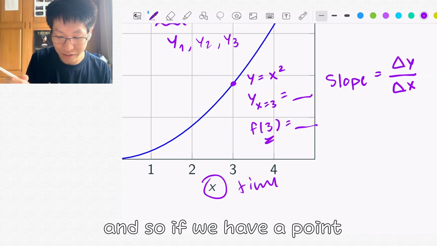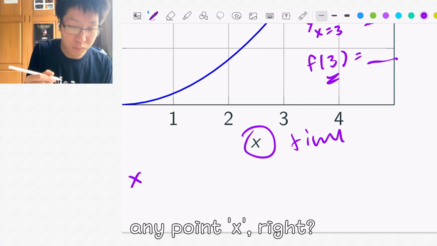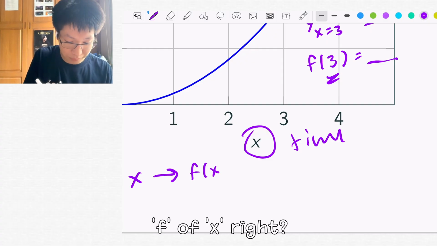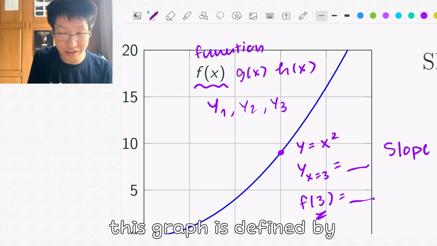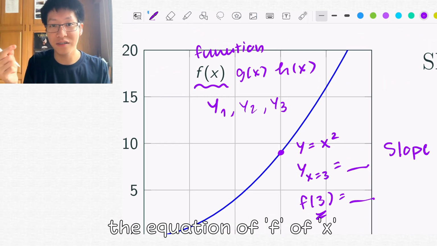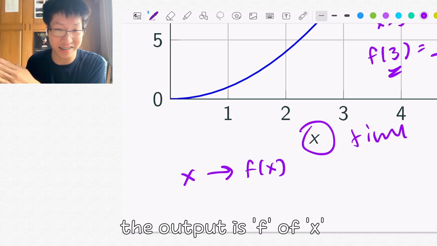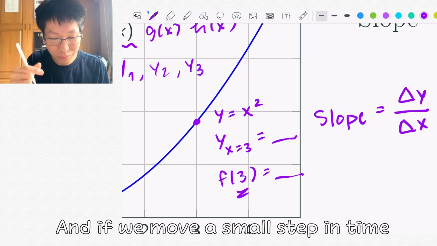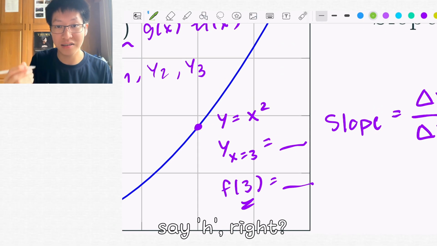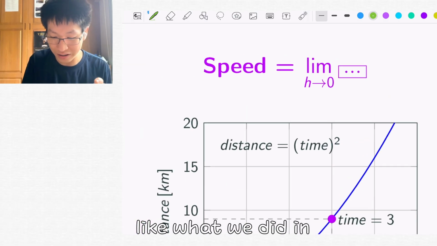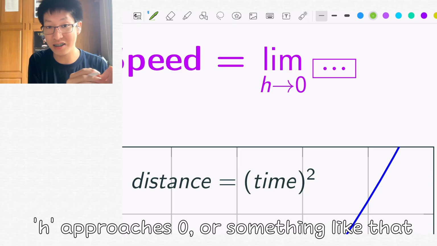And since we use this function notation, if we have a point, any point x, and we want to know its y value, then its y value is going to be f of x, because this graph is defined with the equation f of x. So with x as input, the output, the y value, is f of x. And if we move a small step, say h, this is the same thing as what we did in the previous slide, h approaches 0.